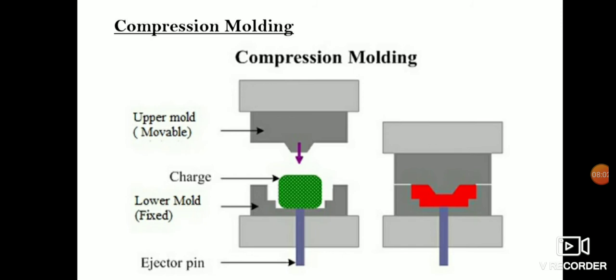There are so many examples produced by the compression molding process. The possibilities range from simple geometries to complex three-dimensional shapes.